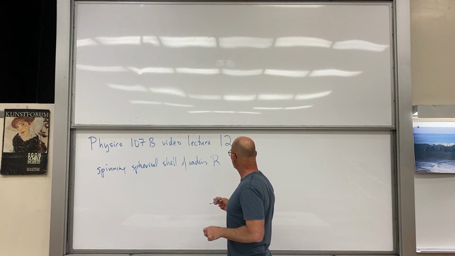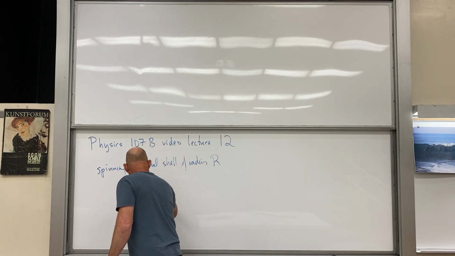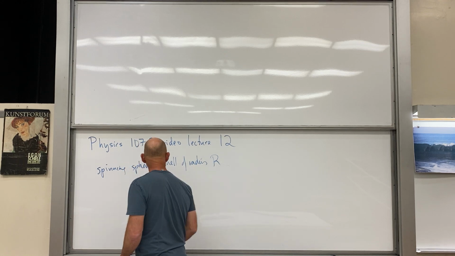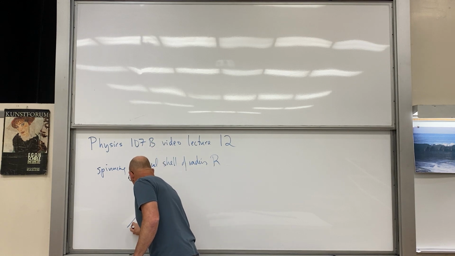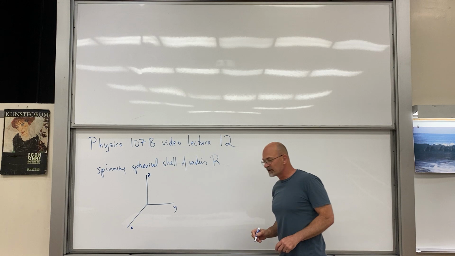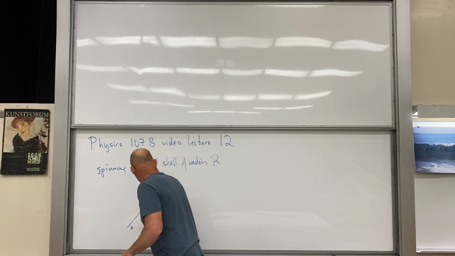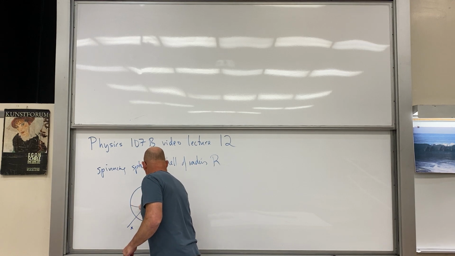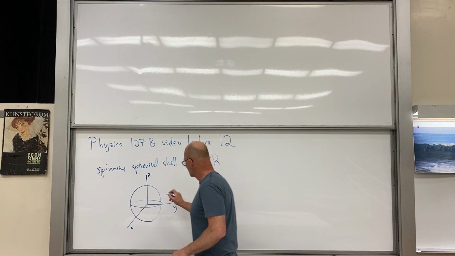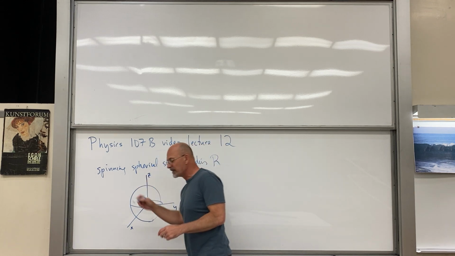So let's set this thing up, and the idea will be that it's centered on the origin. We'll be making use of spherical polar coordinates. So we'll have our shell here. And at some point, our spherical polar coordinates, well, we'll draw them in as we need them.